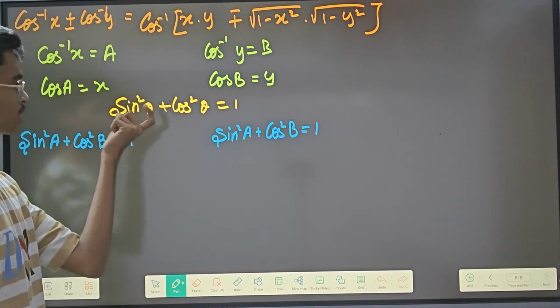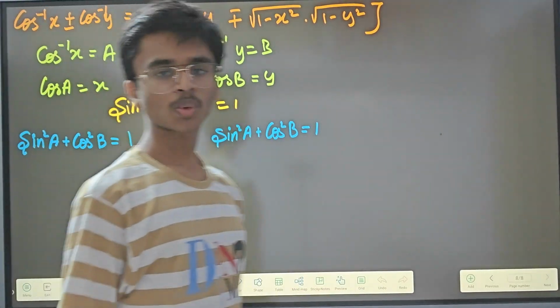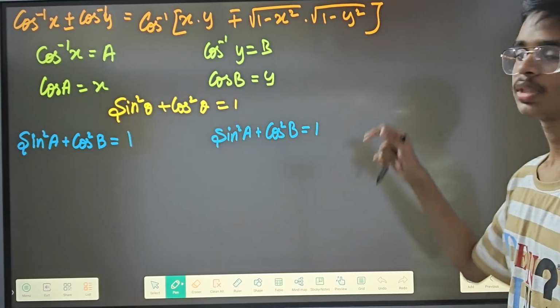So if it is sine square theta plus cos square theta is equal to 1, then in terms of A you have to write, in terms of B you have to write.